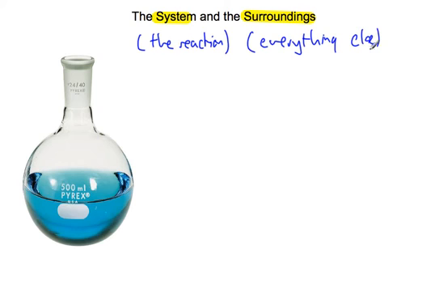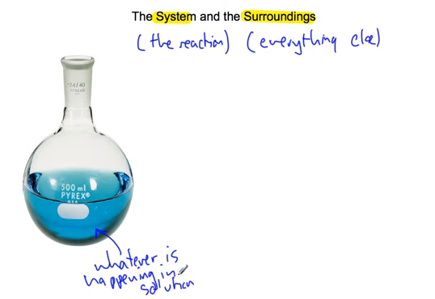In this particular example here, the system is going to be whatever's happening in the solution in terms of a reaction. That could be some sort of displacement reaction or whatever, but it's essentially those chemicals being converted back and forth. And that would be the system.